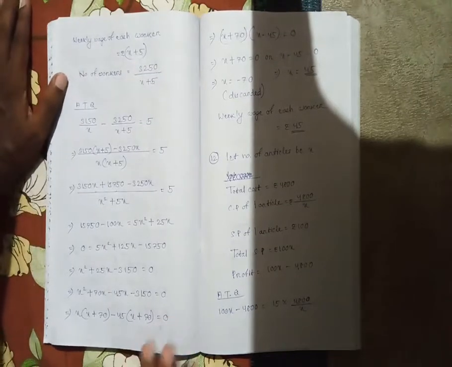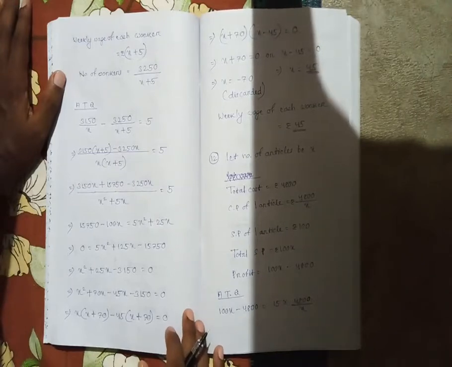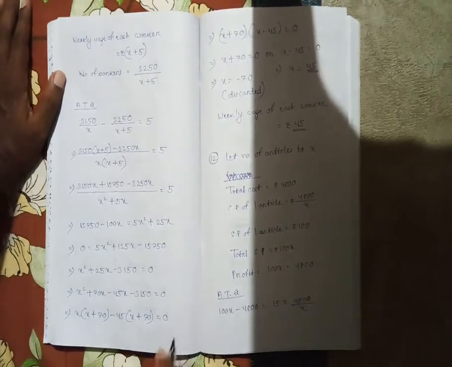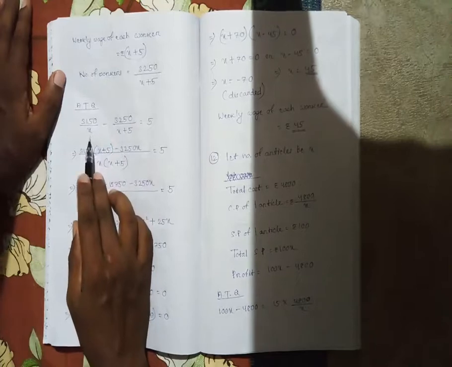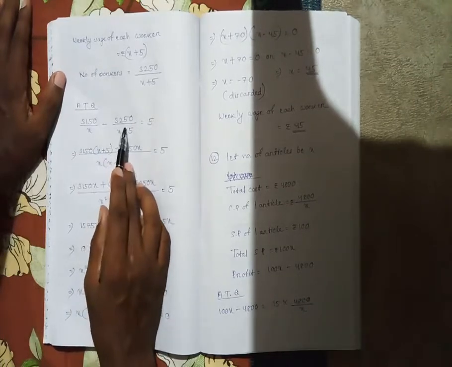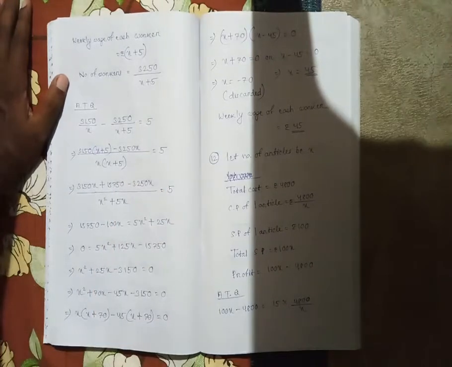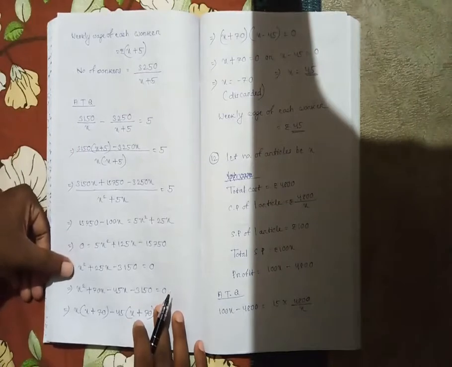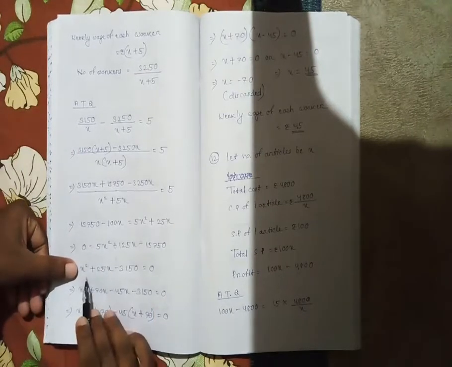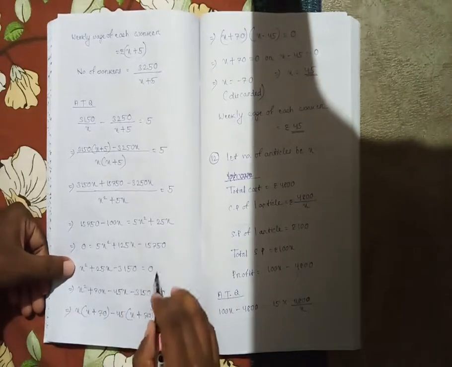Now according to the question, in the second case the number of workers is 5 less. So first case number of workers minus second case number of workers is equal to 5. So according to question, 3150 by x minus 3250 by x plus 5 is equal to 5. So this is the equation. On simplifying this equation, we will get a quadratic equation which is x square plus 25x minus 3150 is equal to 0.